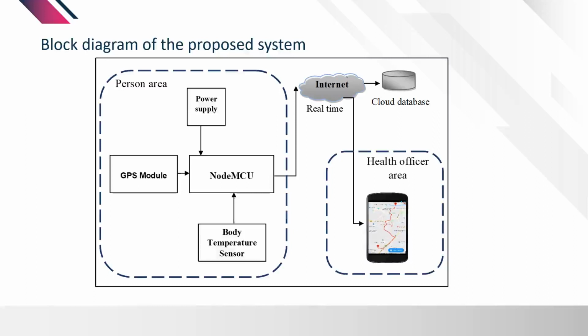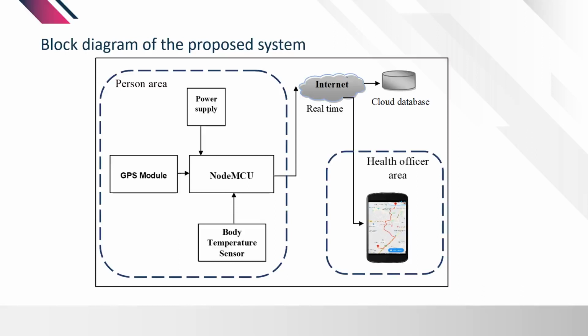First of all, there are two modules. One of them is the GPS module connected with the Node MCU, as we mentioned before. The second is the body temperature sensor, connected directly to the Node MCU. This is the power supply, a 5 volt battery, to last a long time.